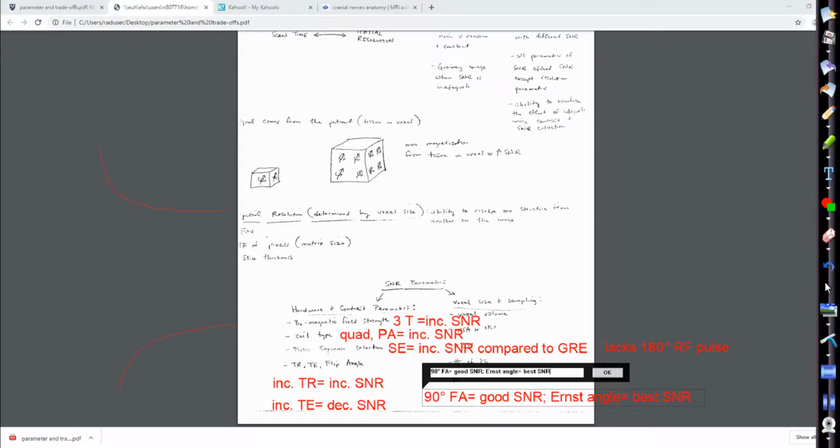Our flip angle could be 20 degrees for a gradient echo pulse sequence because that allows our tissue to fully recover with a really short TR. So our Ernst angle is always going to give you your best signal, depending on the recovery of that tissue and the TR that you have selected.